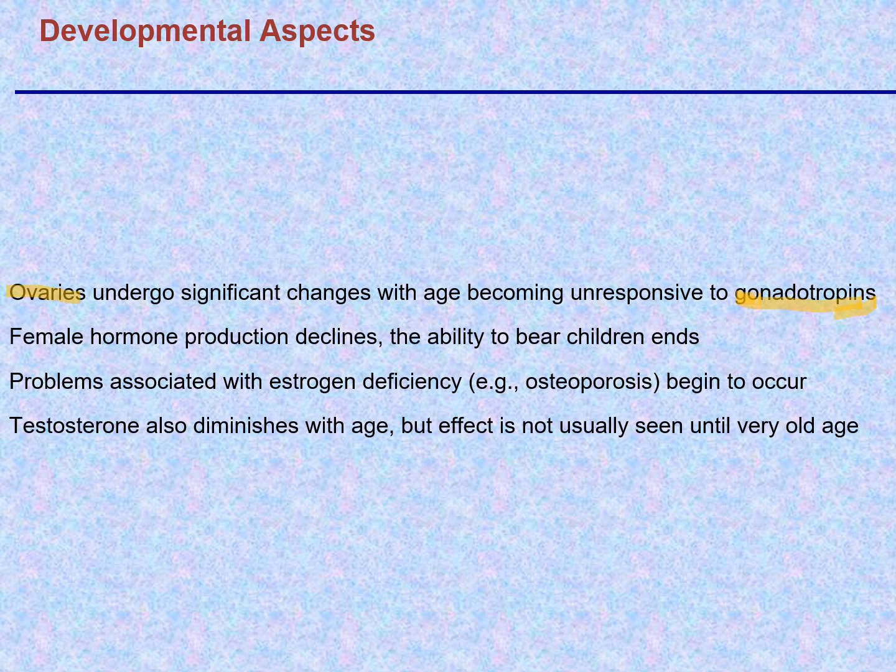And the overall female hormone production then declines, and eventually the ability to bear children, to ovulate, stops. And this is called menopause.